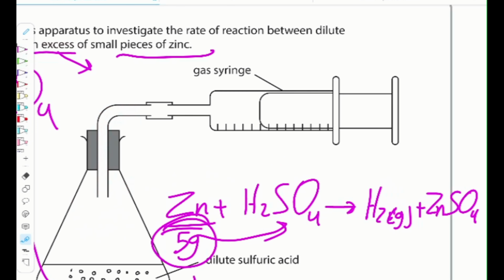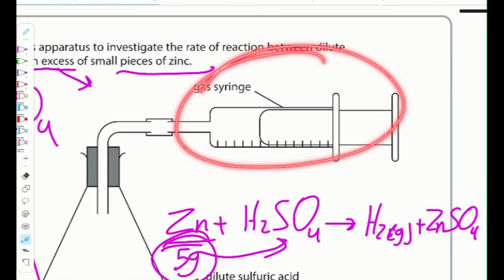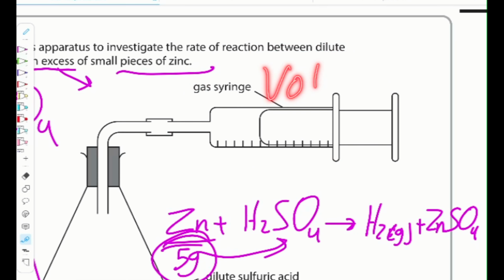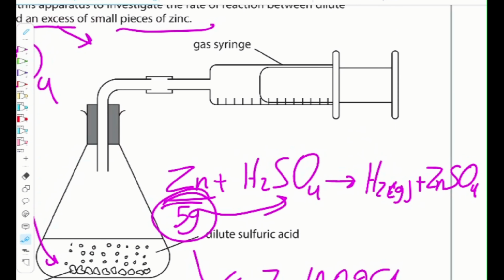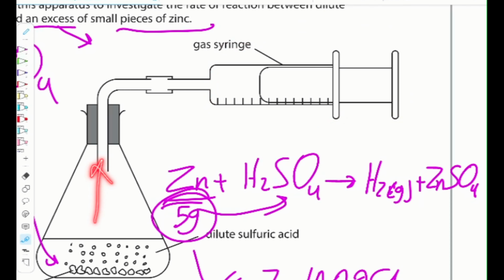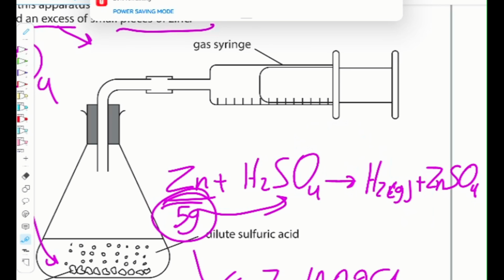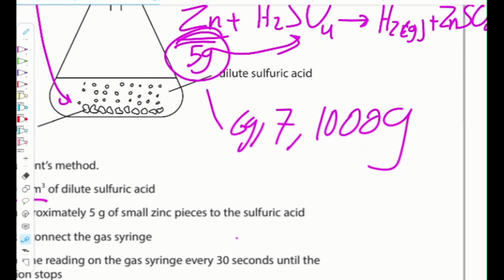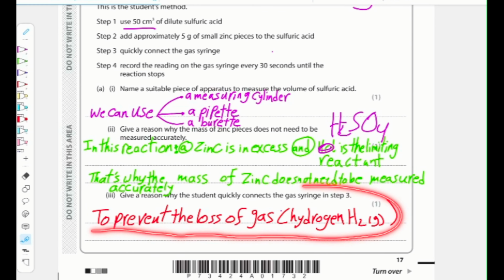We need not to lose any amount of the gas, because we need to depend on the volume of the gas in order to know the concentration of the H2SO4 or the acid. So we need to connect the syringe immediately so that we don't lose any amount of the hydrogen, because losing hydrogen will give us false information about the concentration or the amount of sulfuric acid. So, to prevent the loss of the hydrogen gas.